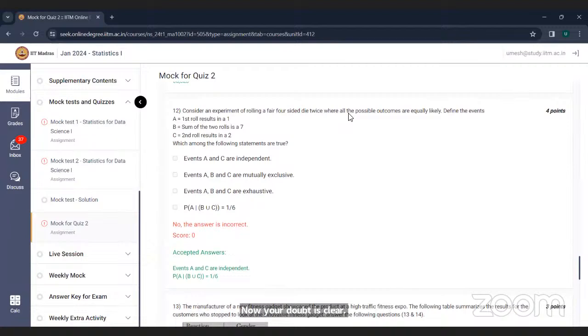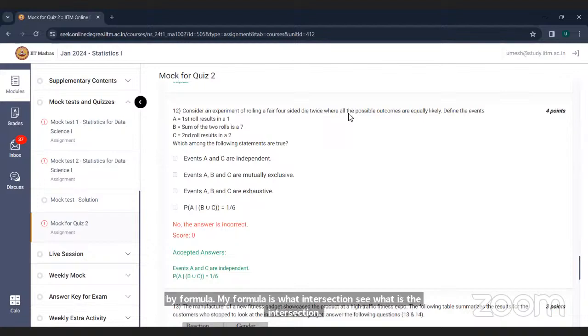Okay. So now A and C. What is A? You got 1 in the first roll. And C is what? You got 2 in the second roll. Are these two events independent? By intuition we can directly say yes, but by formula, what is A intersection C?